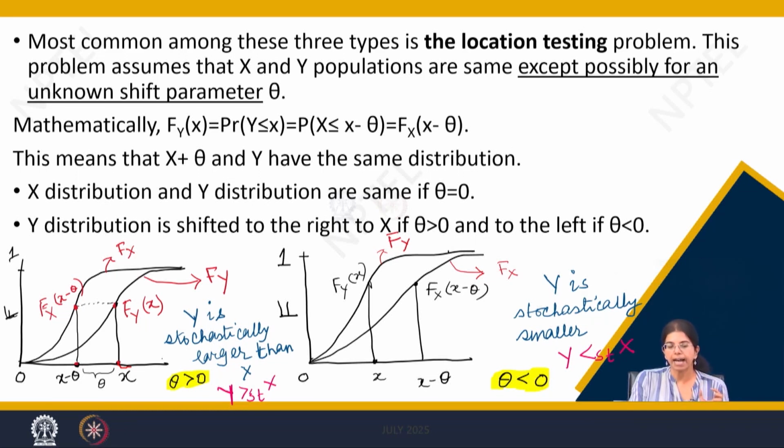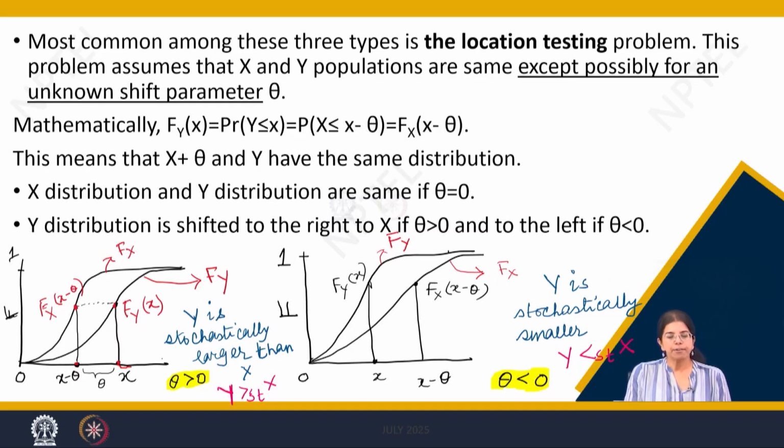So this height, Fx(x minus theta), is the same as the height Fy(x). So the point on the Y distribution is the same as the point on the X distribution if you move backward by theta units, and that distance, that difference, is the location parameter, and we will say that it is a location shifted distribution. Y has a location shifted distribution of X, or X has a location shifted distribution of Y.